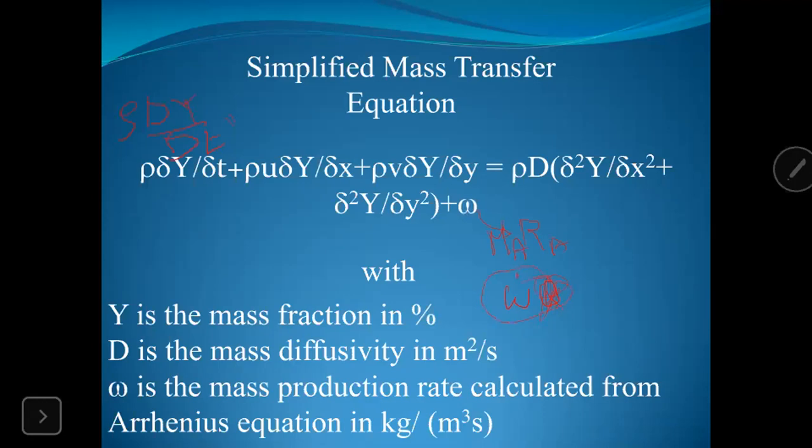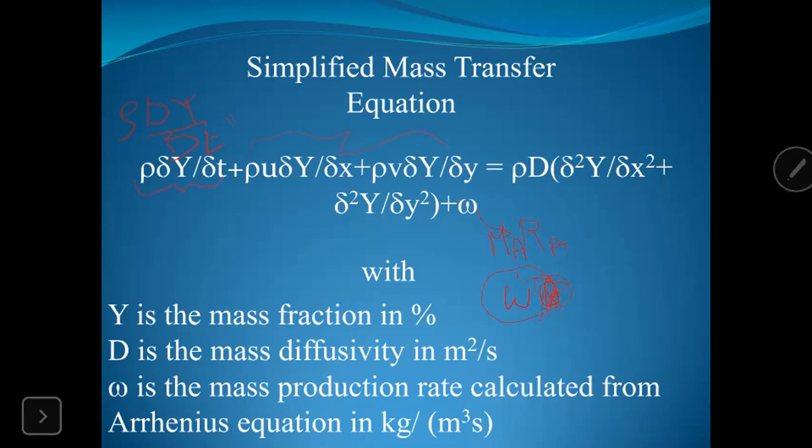Okay. Second question. Describe the following equation. The answer: this equation is a mass transfer equation written in Cartesian coordinates in 2 dimensions, where the first term is the mass accumulation term.